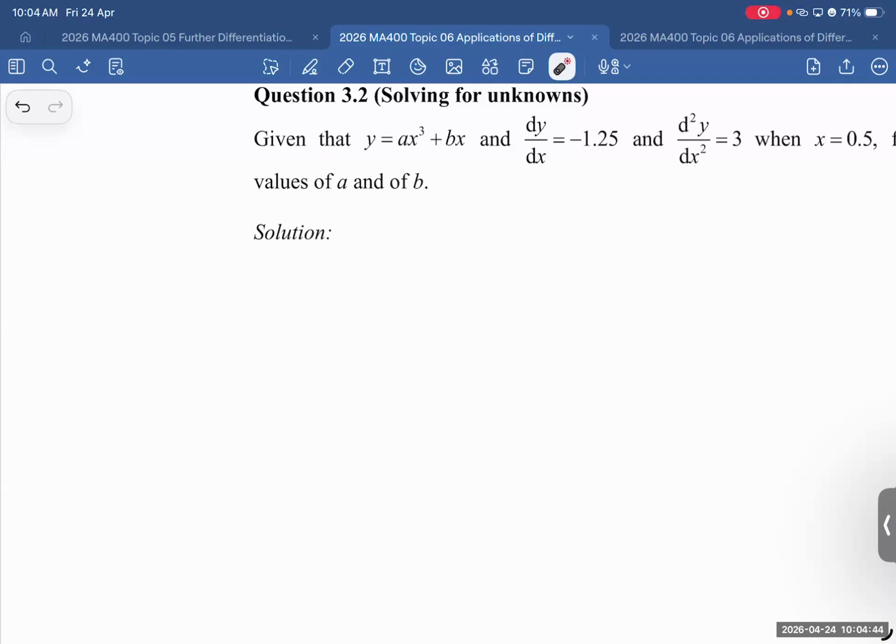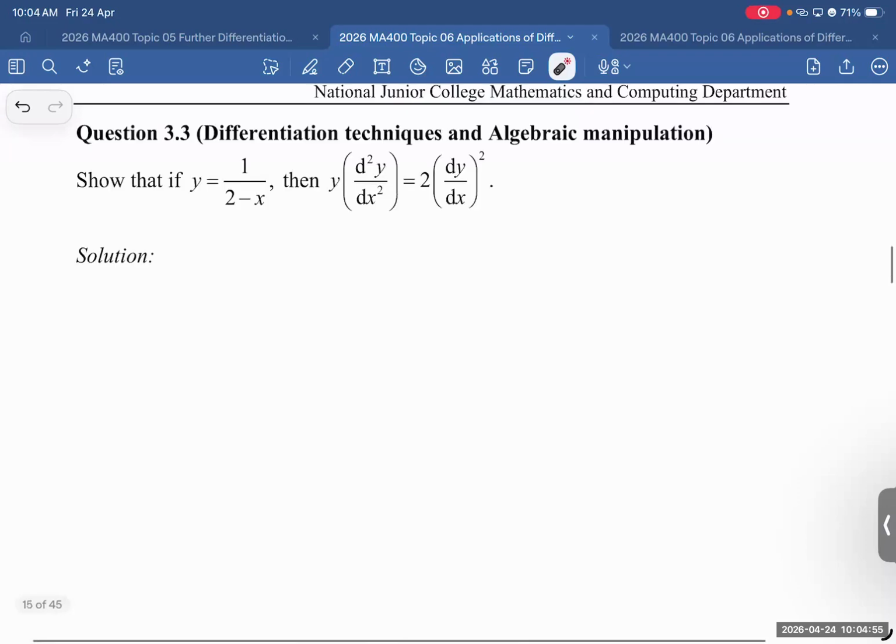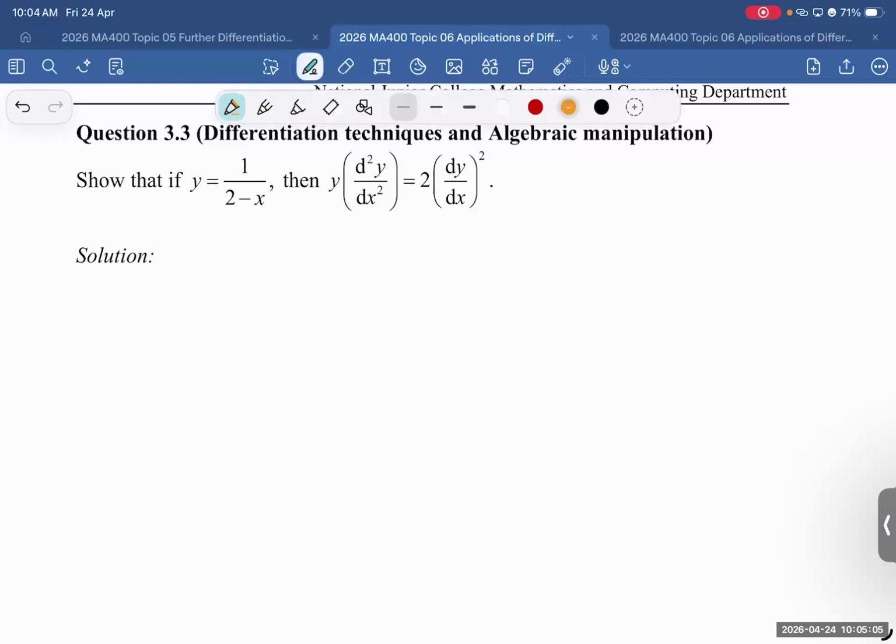Can I go through 3.3? Okay, so if I were you, I would just do everything. I'll find y, dy, dx. So first, it should be equals. I'm going to write it in this manner.